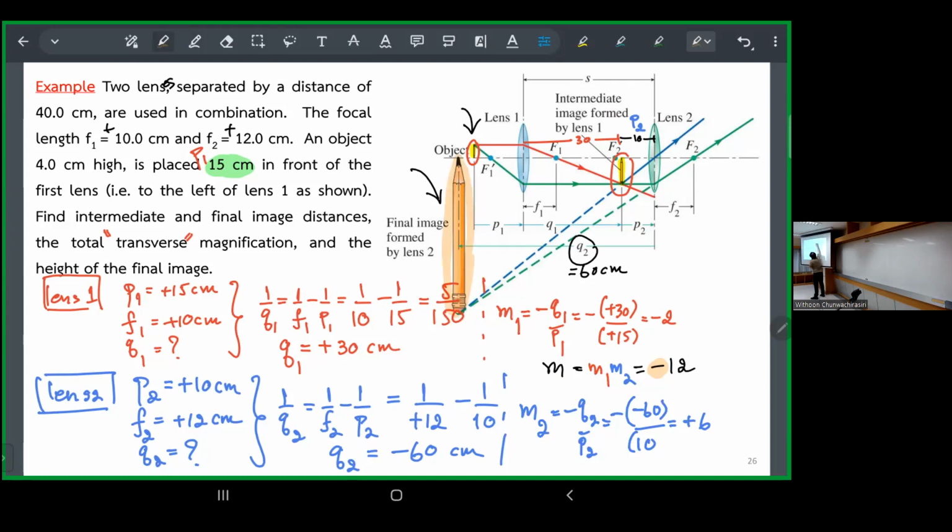All right, so if this object is whatever the height that is given, 4 centimeter high, your final image will be 12 times that. All right, so it's going to be final height of 48, but negative sign means it's upside down.